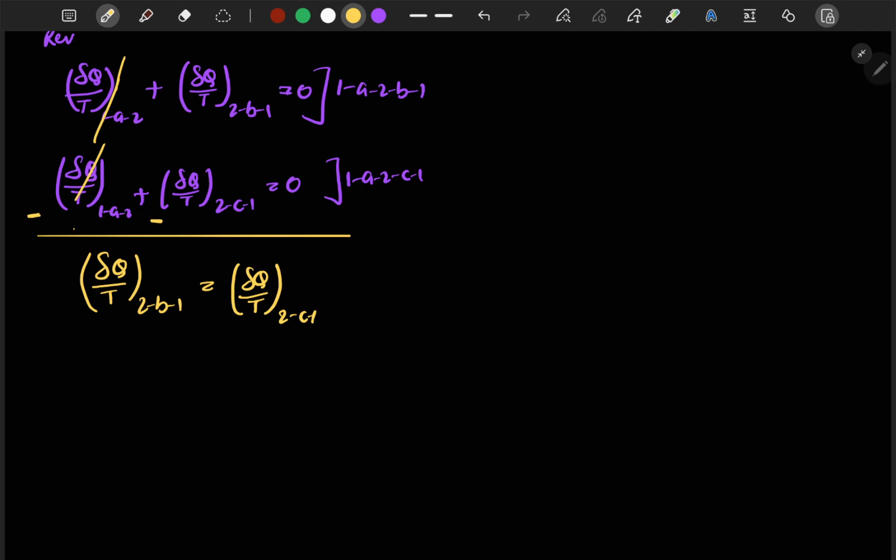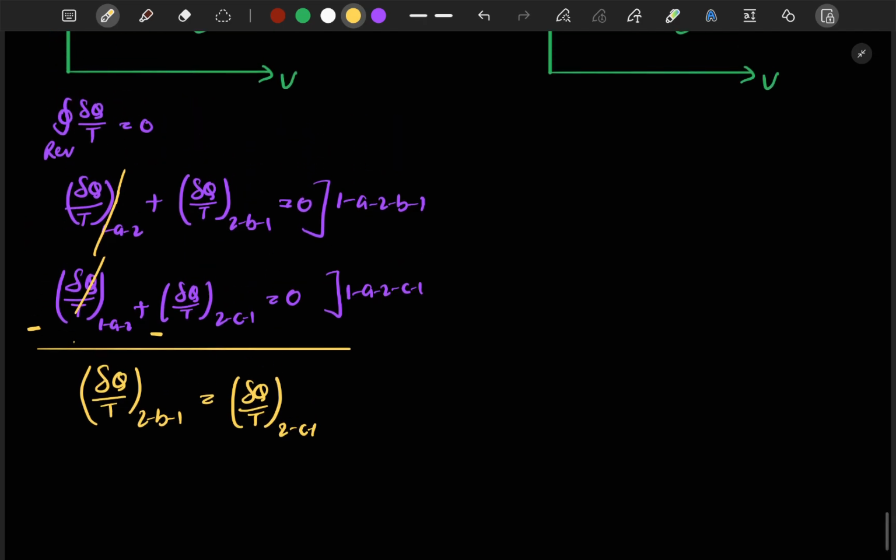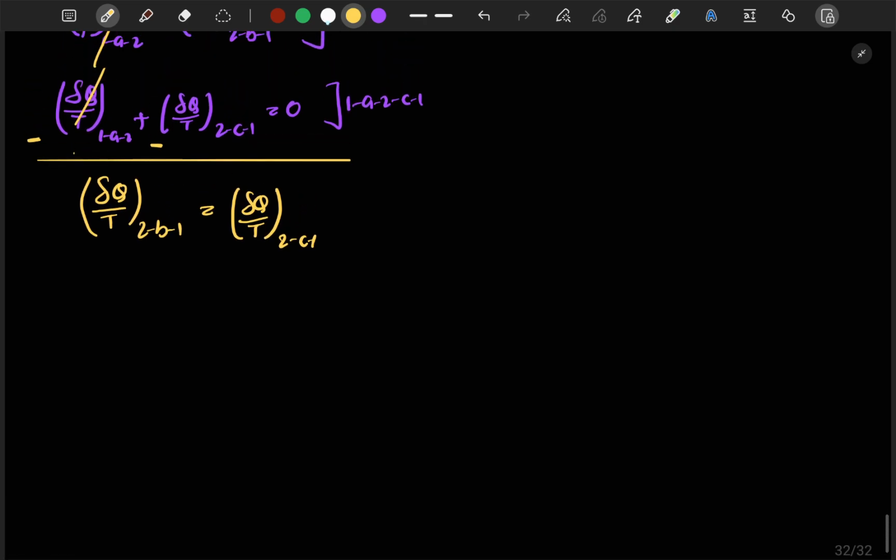And since processes 2B1 and 2C1 are both reversible and in the same direction, that is from 2 to 1, from here we can say that this term del q by T is a property. This quantity del q by T, which is a property, is called entropy, and entropy is a property.